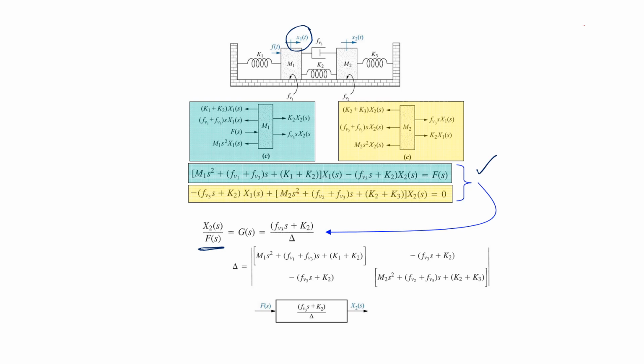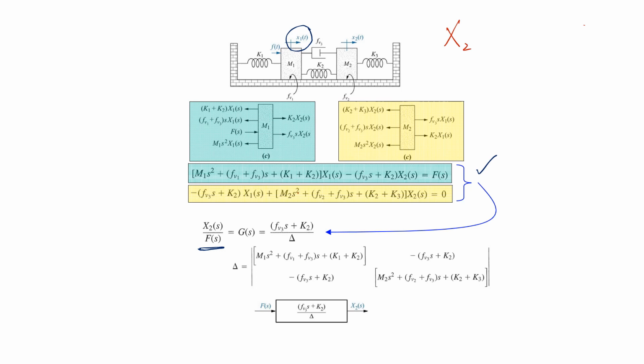If we want to find the transfer function x2 by f, we firstly have to find x2 from these simultaneous equations. And to find x2, we will apply Cramer's rule.